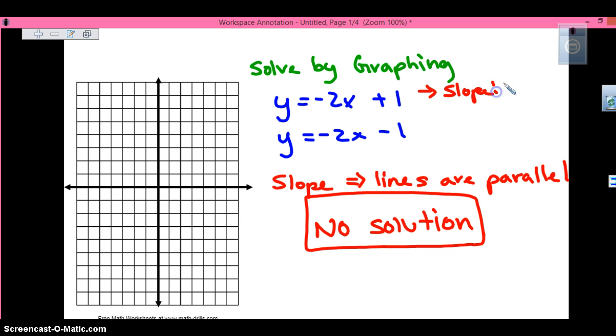So the slope here is negative 2 and the y-intercept is 1. So if I start at the y-intercept 1 with a slope of negative 2, that means down 2, right 1, down 2, right 1, and in the other direction.